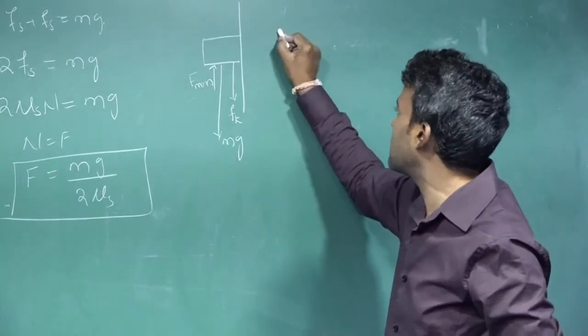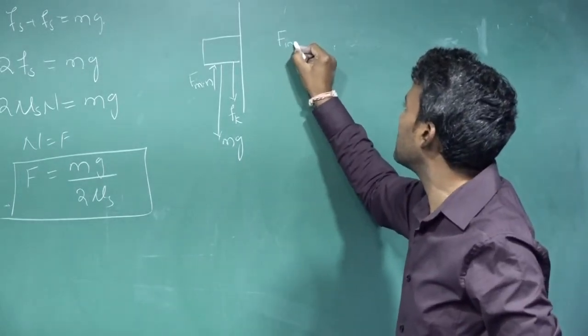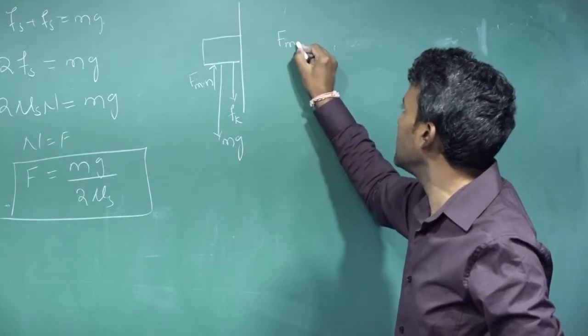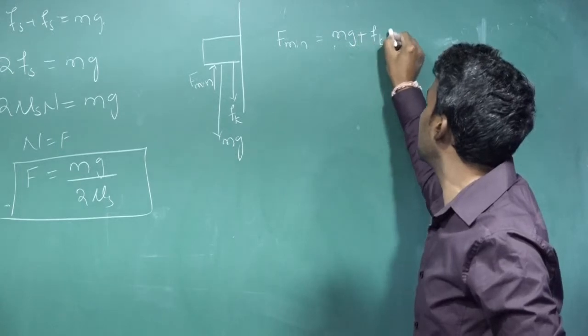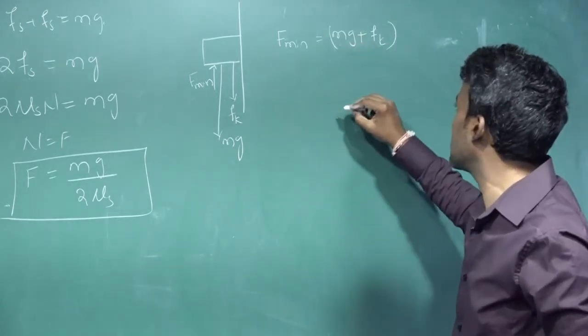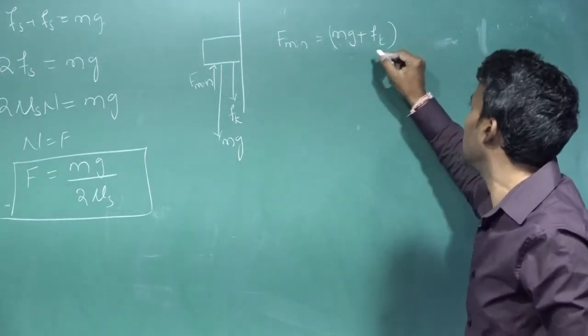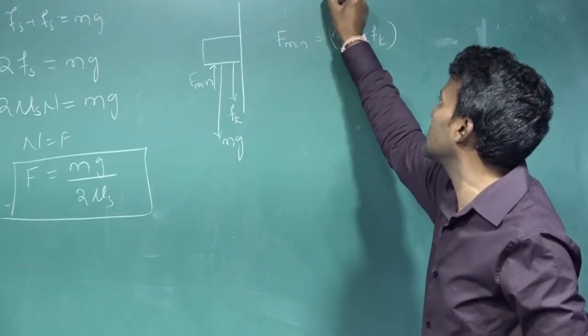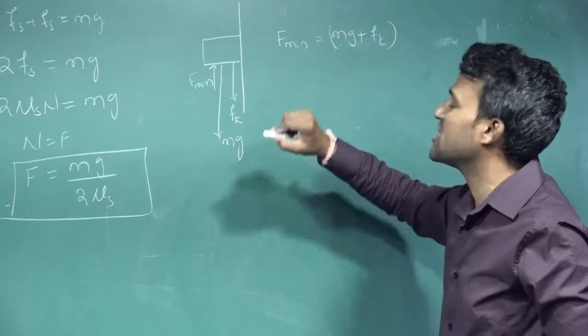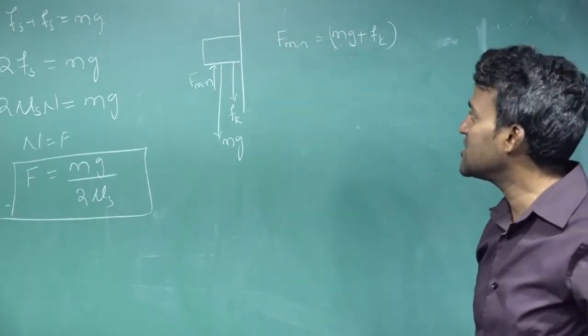So at that moment I am writing here F minimum is equal to mg plus Fk. Work done is equal to force into displacement. What is the work done to take a displacement s?